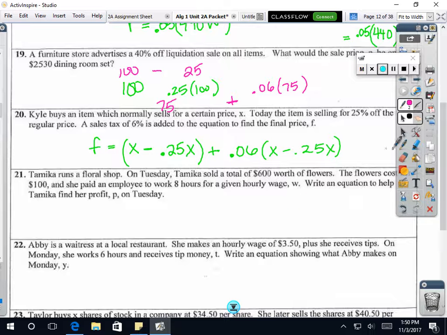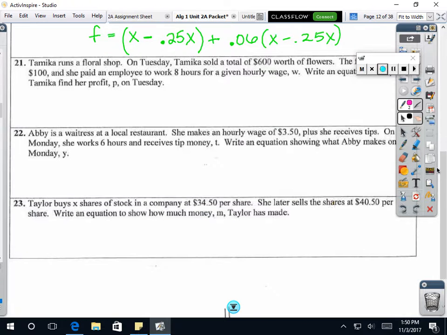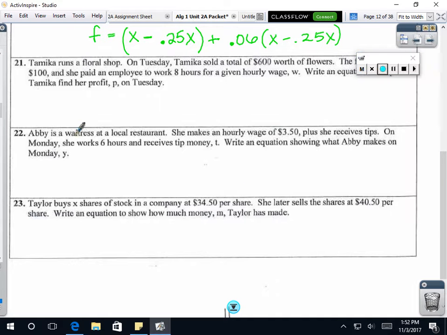Kind of. All right, number 22. Abby is a waitress at a local restaurant. She makes an hourly wage of $3.50 plus she receives tips. On Monday, she works 6 hours and receives tip money T. Write an equation showing what Abby makes on Monday.